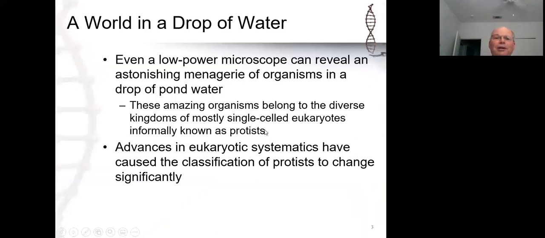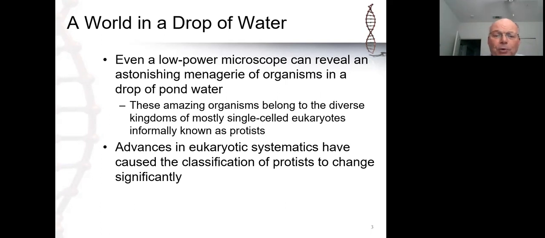So when you start looking in any water, and if you think back to your biology 1 class, particularly if you had a wet lab, you may have had an opportunity to look at some pond water, and you would have seen a huge diversity of protists in there.